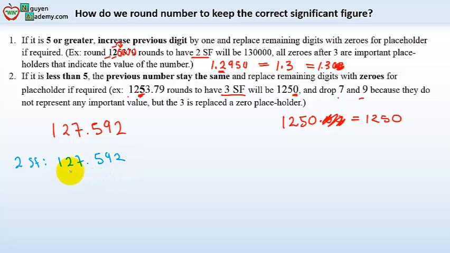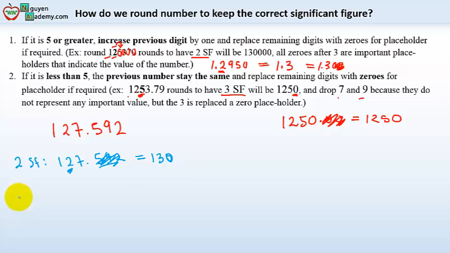To have two significant figures, I'm going to round here because this is one significant, two significant. I'm going to look at the next number after the 2. That 7 is going to make that 2 into a 3. So what we have here is 130. Why do I need the 0 there? Because it tells you value. I don't need the 0 here because it doesn't have any value to it.